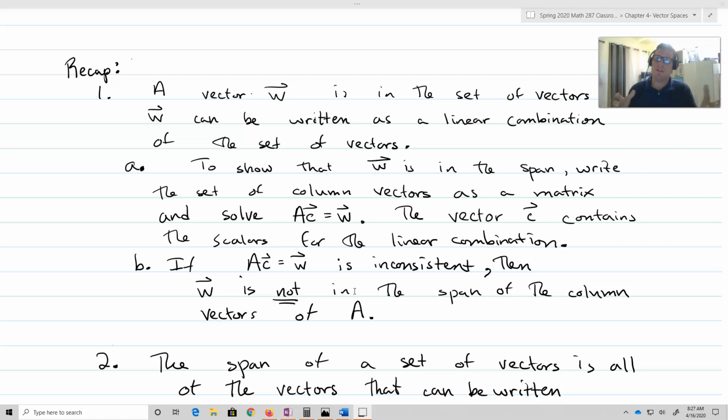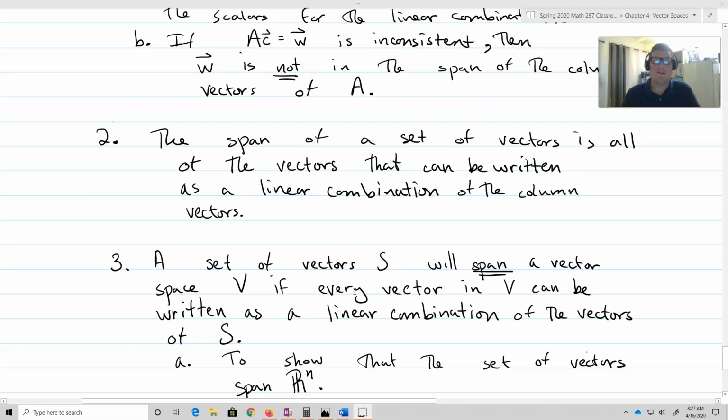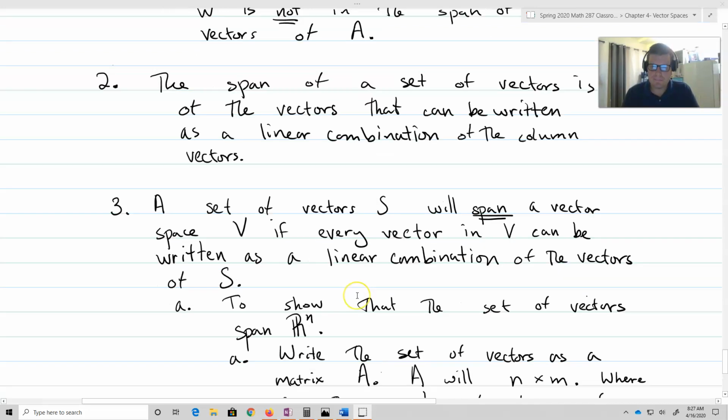If AC equals W is inconsistent, then W is not in the span of the column vectors of A. Second, the span of a set of vectors is all of the vectors that can be written as a linear combination of the column vectors. So when we say that something is the span of a set, that's all the linear combinations that can be written using those vectors.